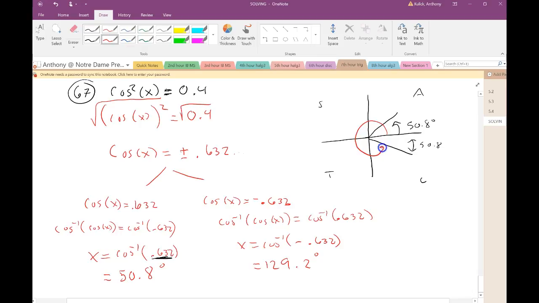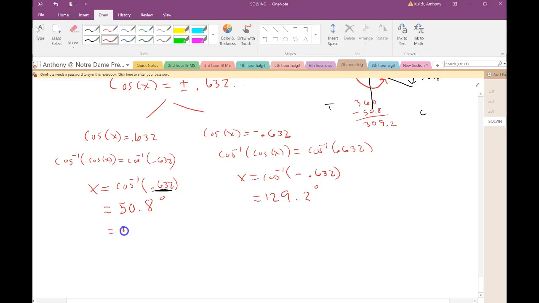So my other solution there is going to be 360 minus 50.8, or 309.2. So there is one set of answers.